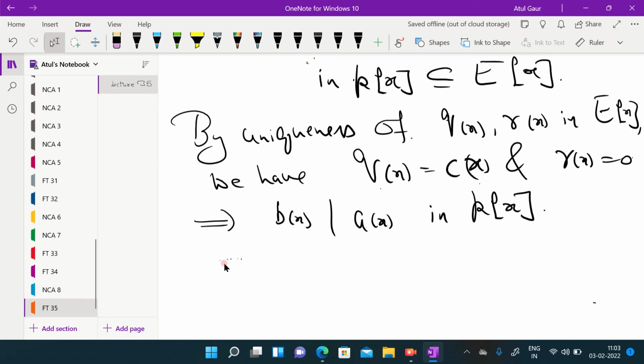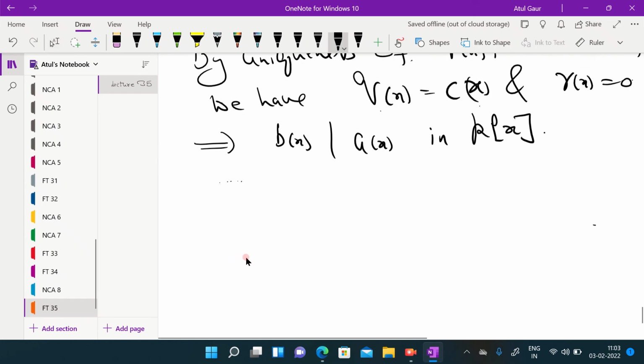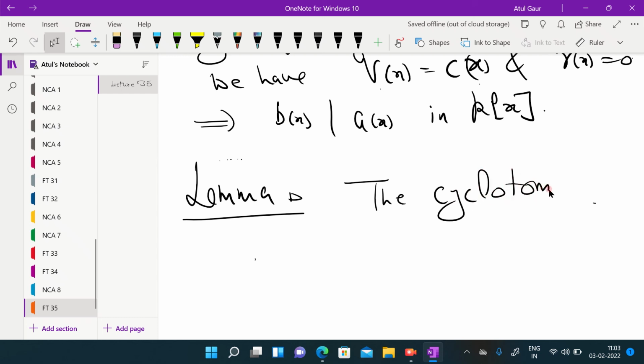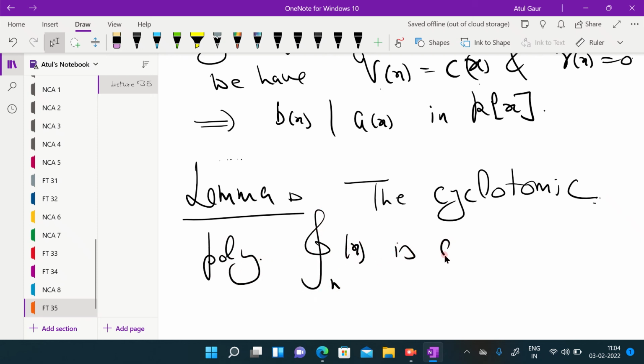And now I can come to the result which I was talking about: the cyclotomic polynomial phi n x is a monic polynomial in zx.